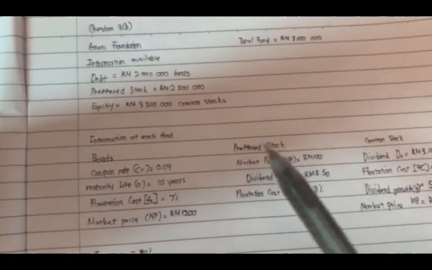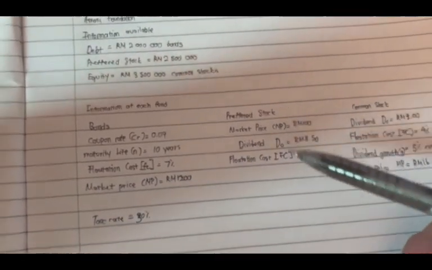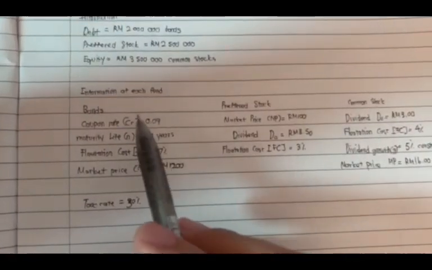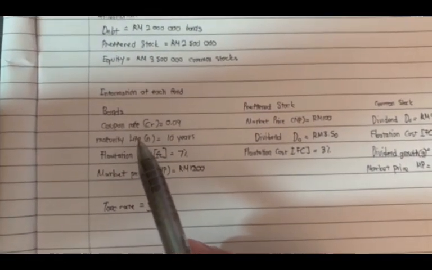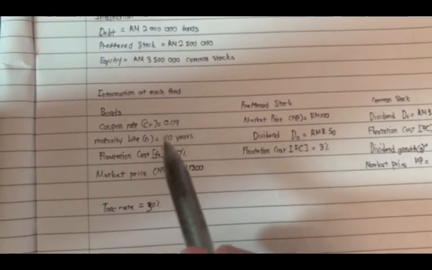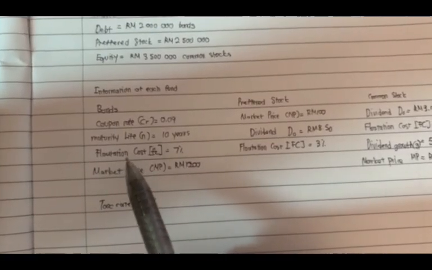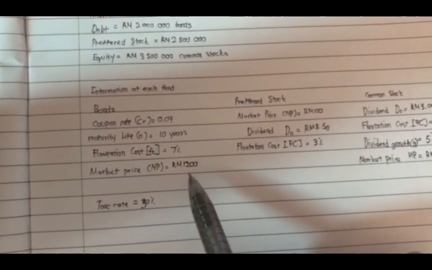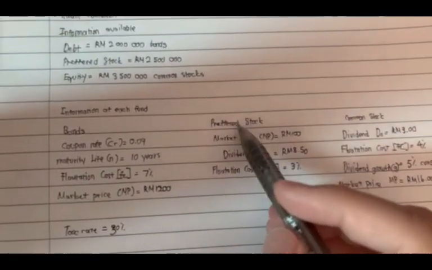Okay, the information below, which I already extracted, also stated some details. For the bonds, there's a coupon rate of 0.09, maturity life of 10 years, flotation cost of 7%, and market price of 1,200. The second fund refers to the preferred stock.